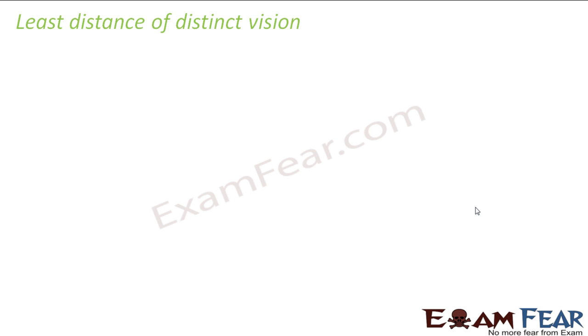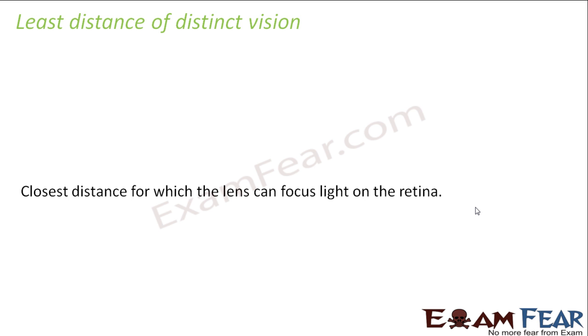Right? Okay. So now let us talk about something called least distance of distinct vision. So what is this least distance of distinct vision? It is the closest distance for which the lens can focus light on the retina. That means the closest distance for which the lens can make sure that the image will be formed on the retina.